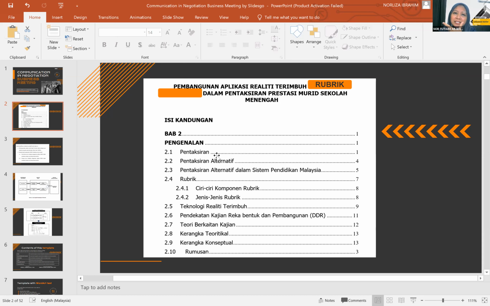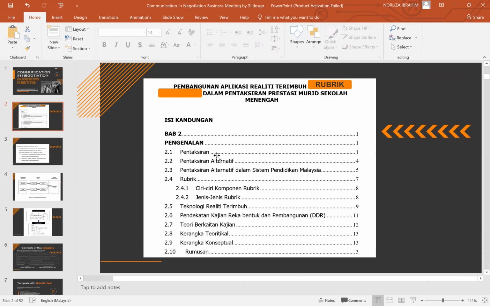Mungkin pentaksiran prestasi, sebab itu reveal you punya title. Bawah pentaksiran tu you akan ada sub topic which is pentaksiran alternatif. Ataupun pentaksiran dalam sistem pendidikan Malaysia, itu lebih general, and then pentaksiran alternatif, semakin spesifik. I think pentaksiran dalam sistem pendidikan Malaysia tu sounds good to be your subject area.